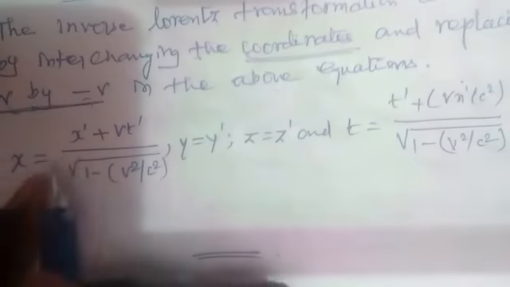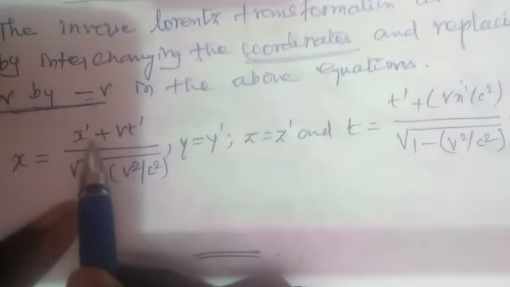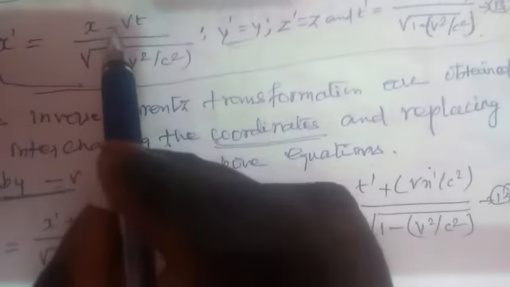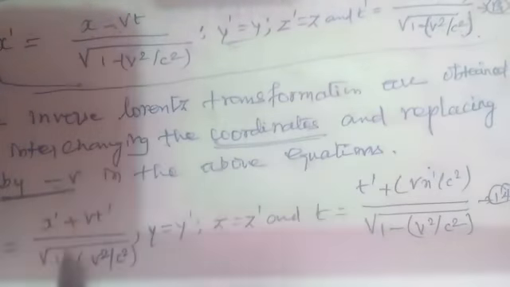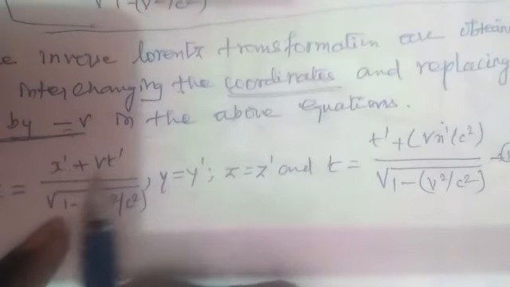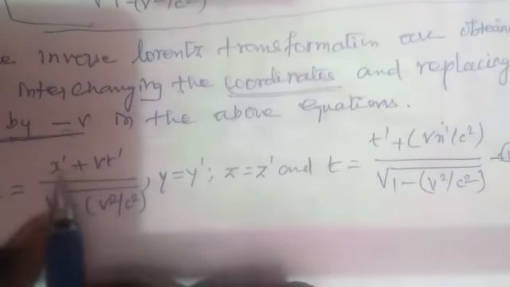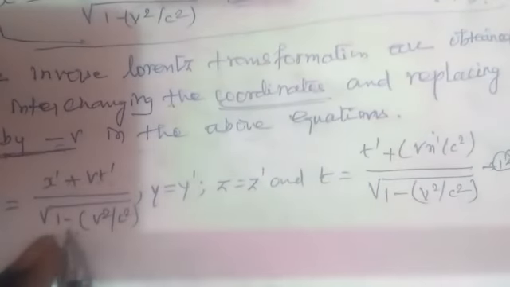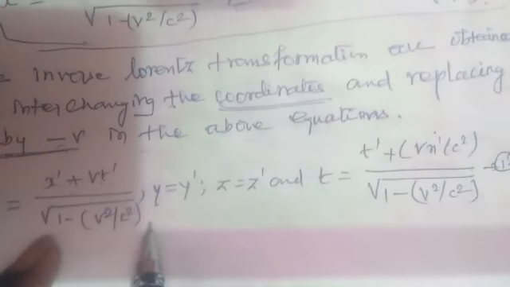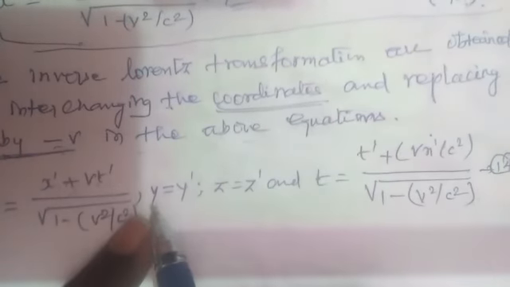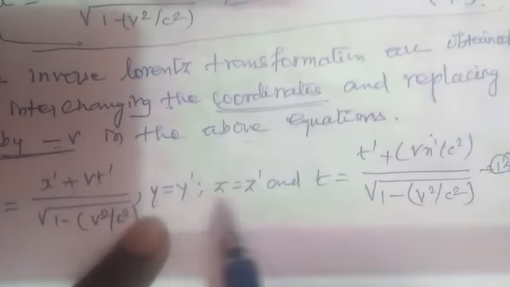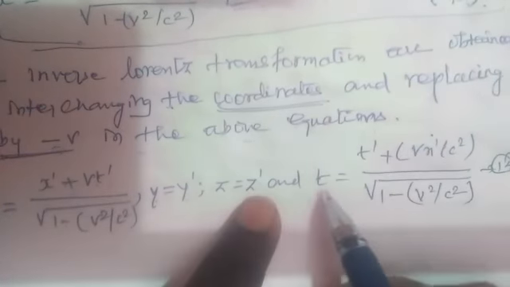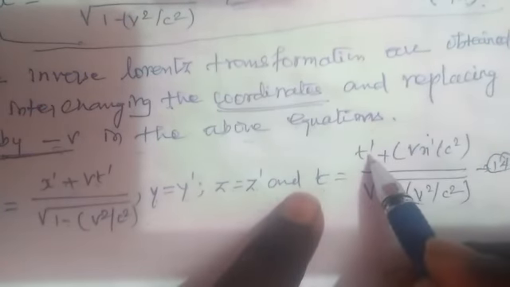So we have x equal to x dash plus vt dash divided by root of 1 minus v square divided by c square, since the minus symbol becomes plus, y is equal to y dash, z is equal to z dash.